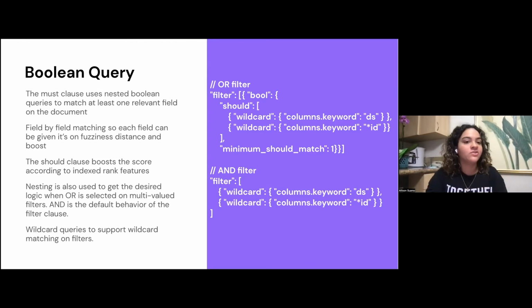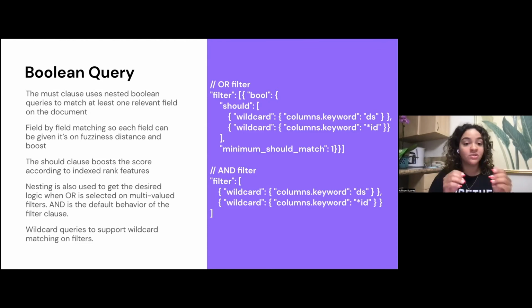This also allows us to use field by field matching by combining multiple match queries one after the other. And so each match query can be given its own boost and its own fuzziness. Then the should clause says, if you have a usage metric, please boost this particular document based on that metric.